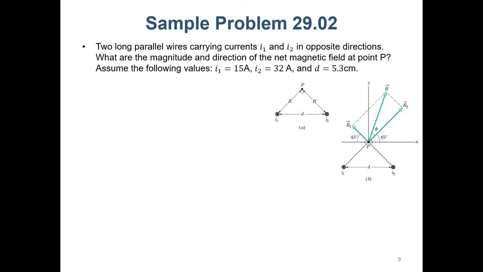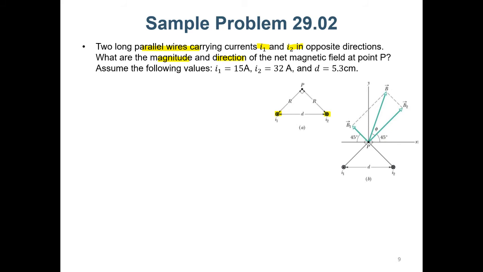Two long parallel wires carrying currents I1 and I2 in opposite directions. What are the magnitude and direction of the net magnetic field at point P? So this is I1 pointing out of the page. This is I2 pointing into the page.